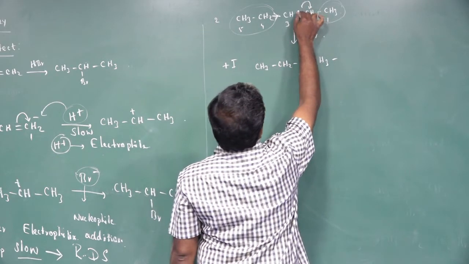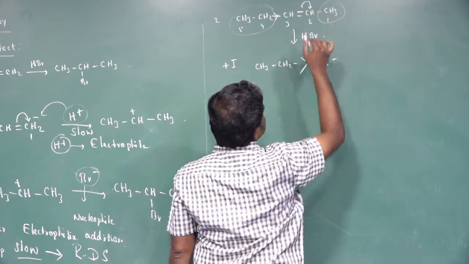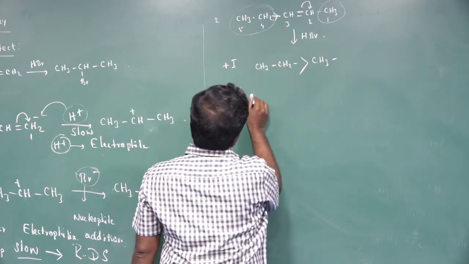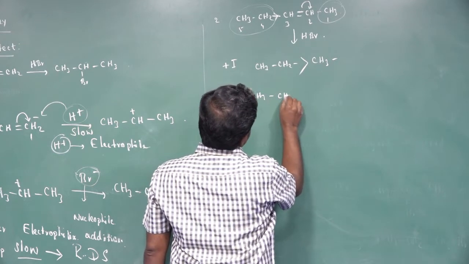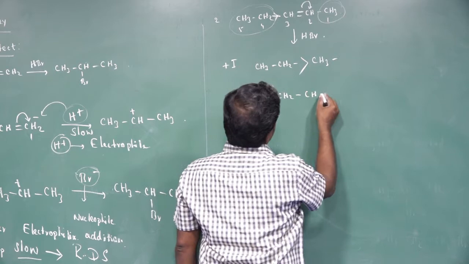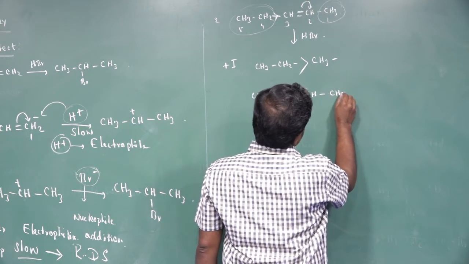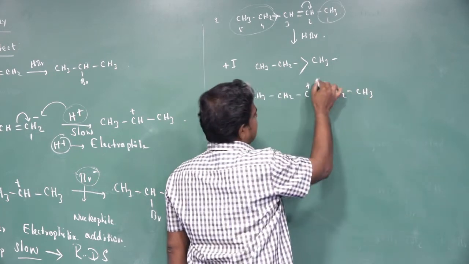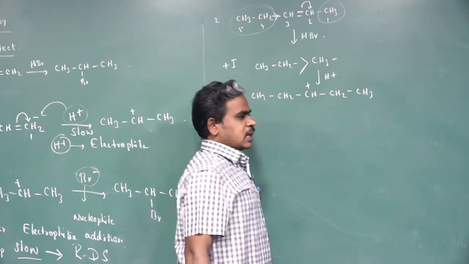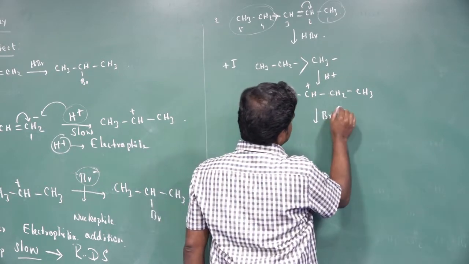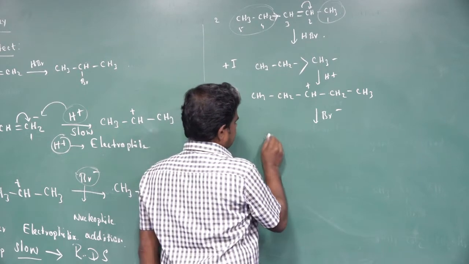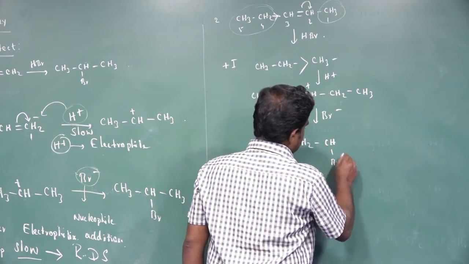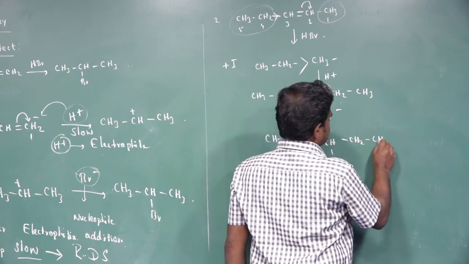So the bond pair or pi electron will move towards the second carbon, so that the product is, we are taking here CH3, CH2 and CH, and here it is CH2 and it is positive, and here CH3, and it reacts with H plus, and furthermore it reacts with Br minus, so that here it is CH3, CH2, CH Br, CH2, CH3.